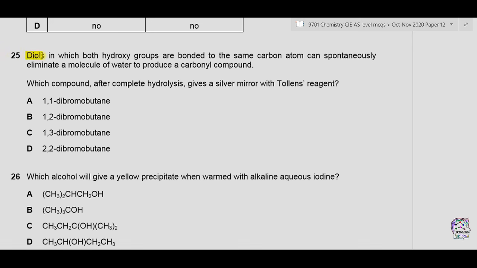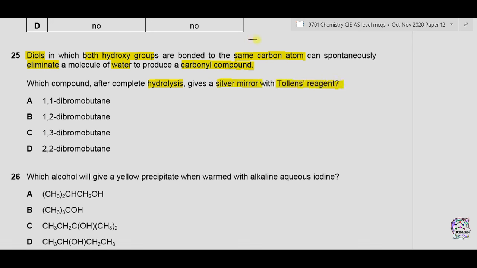Question 25. Diols in which both hydroxy groups are bonded to same carbon atom can spontaneously eliminate a molecule of water to produce a carbonyl compound. Which compound after complete hydrolysis gives silver mirror with Tollens reagent?